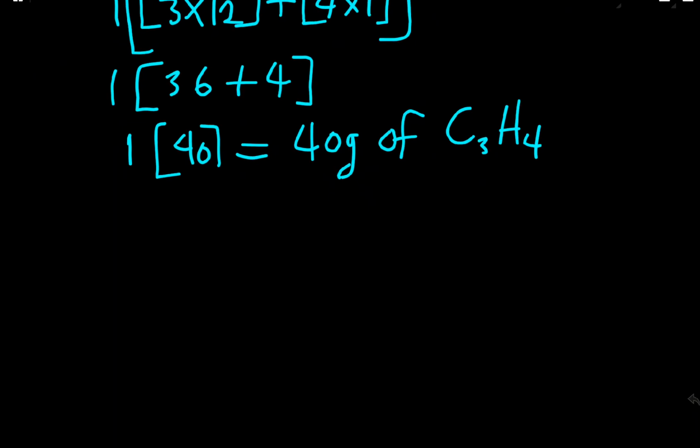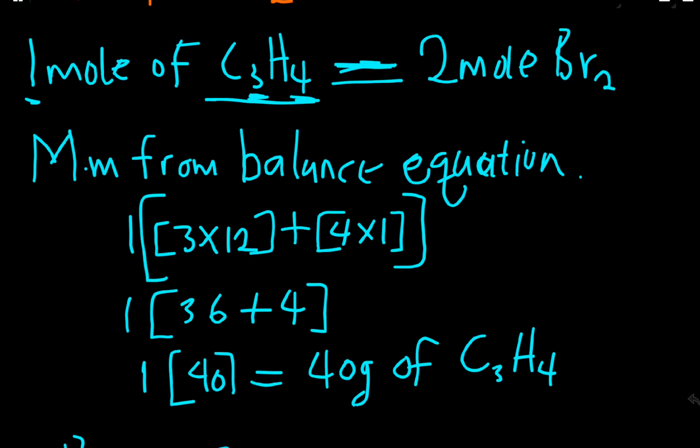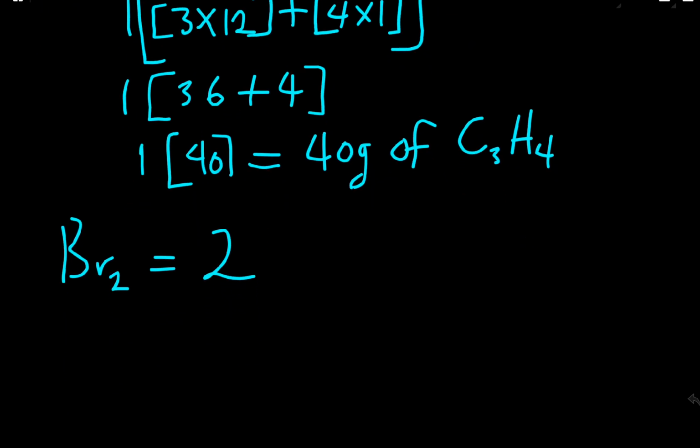Next is the molar mass of bromine from the balanced equation, which becomes 2. Do not forget, after balancing the chemical equation, we got 2 moles of bromine. Now here's how to make use of that.